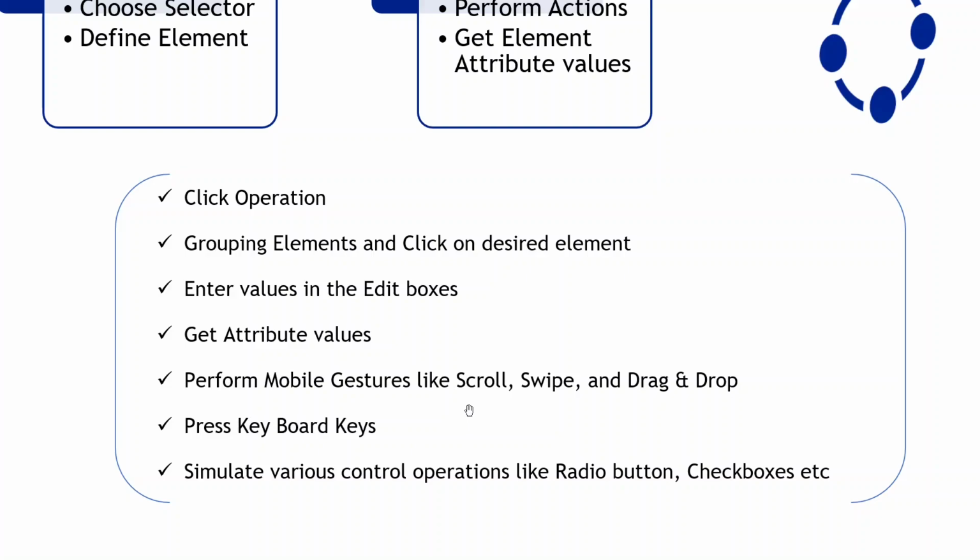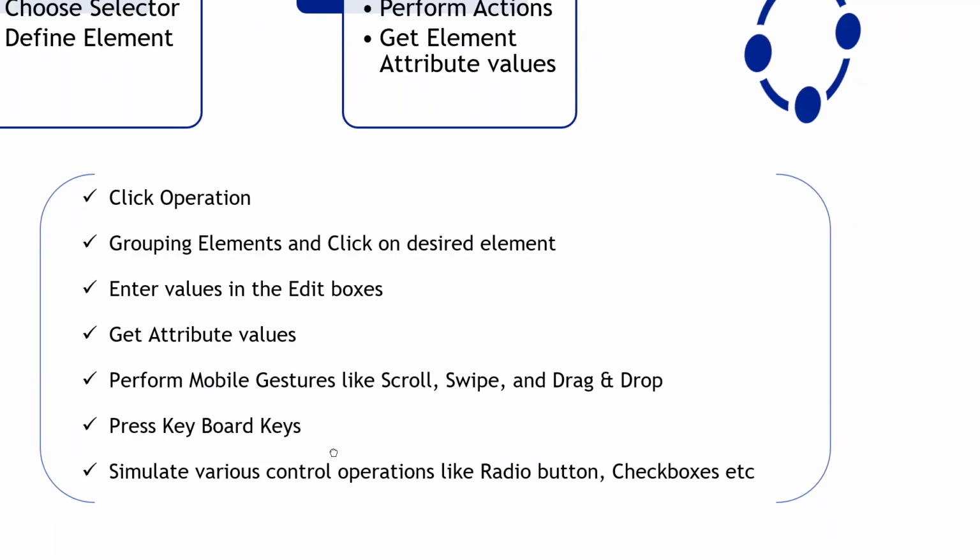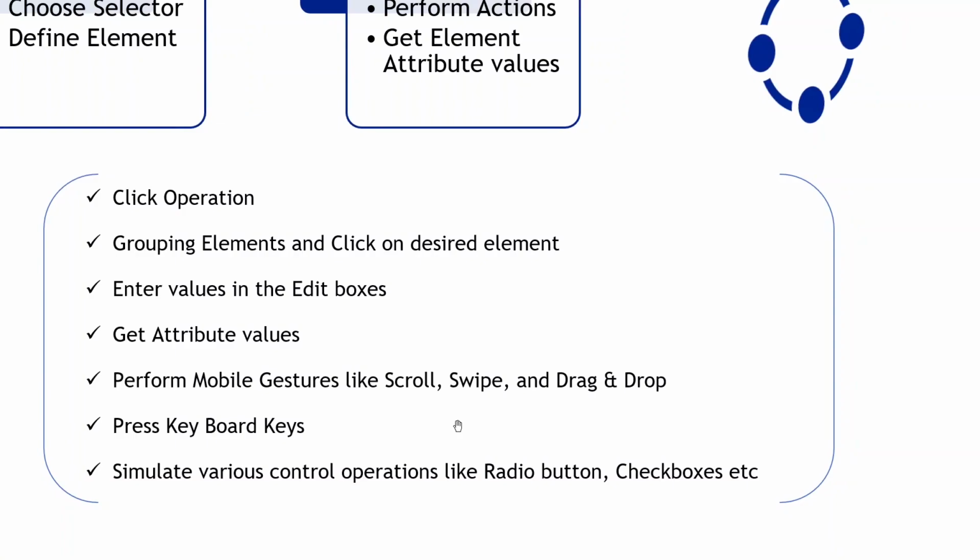These are the common operations that we are doing, and the keyboard. Sometimes we need to simulate various control operations like radio buttons and checkboxes that we need to select. These are the common controls that appear across all the apps.